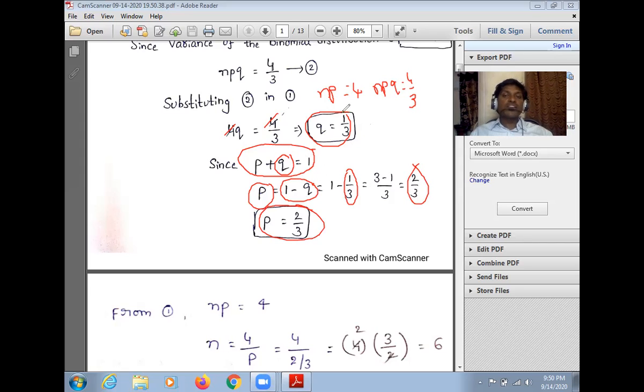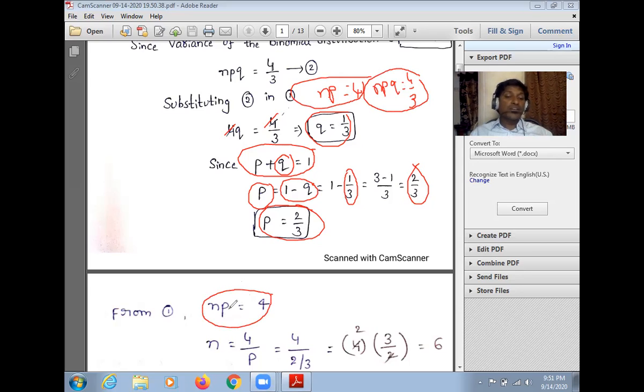For getting the value of n, I am substituting p in equation 1, np is equal to 4. Or, if you want, you can use the other equation also; either of these two can be used for calculating n. Here I took np equal to 4. I require n, so I take p to the right side.